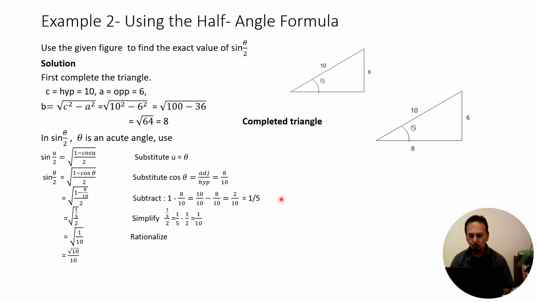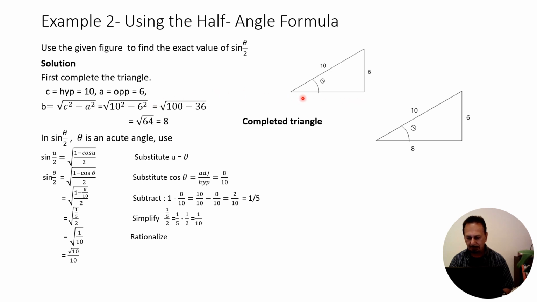Example 2: use the given figure to find the exact value of sine theta over 2. So here we have a triangle whose opposite side is 6 and the hypotenuse is 10. The first thing we're going to do is complete the triangle. In other words, we will find the adjacent side.